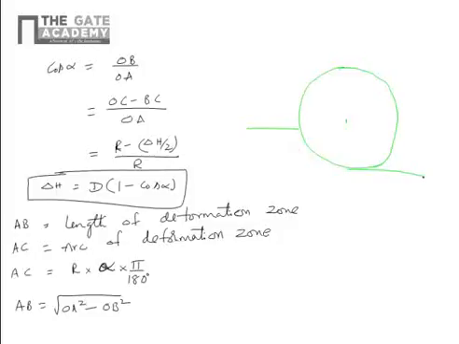I am not drawing the entire diagram, just have a look at how it is simplified. O, A, B, C. So this one is alpha. So from the triangle OAB, AB square is equal to OA square minus OB square, from the trigonometric concept, Pythagoras theorem.